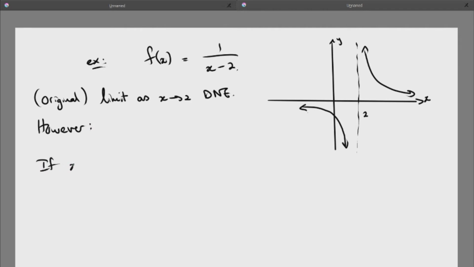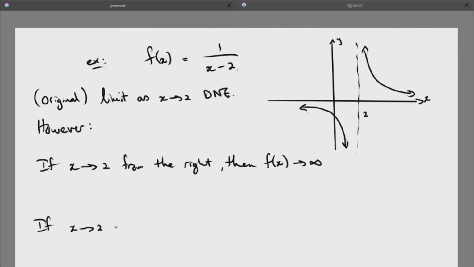If x approaches 2 from the right, now I'm limiting myself to not being around 2, but just coming at it from the right. Then my function approaches positive infinity. I'll leave a space here. My next sentence I'll say in words.